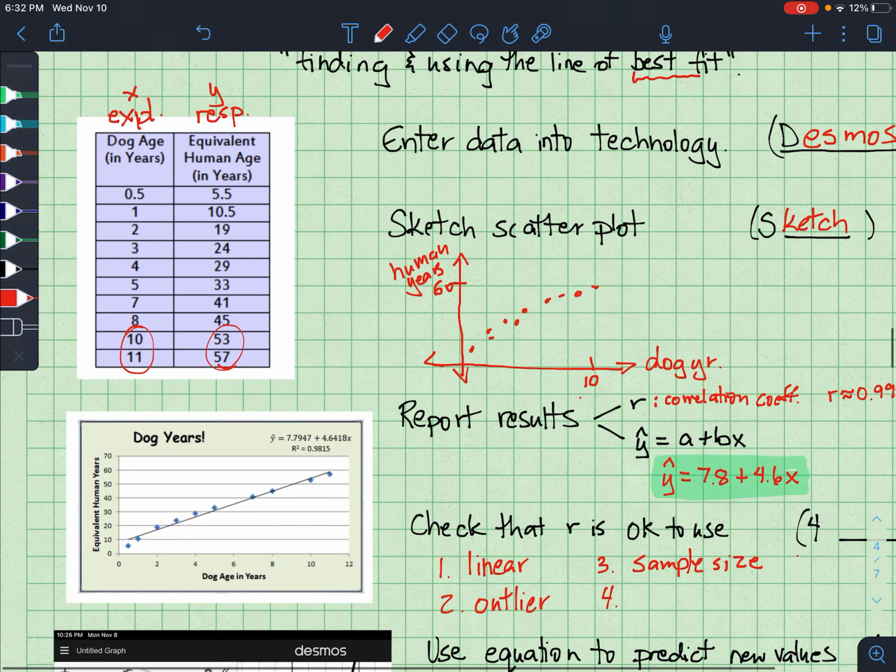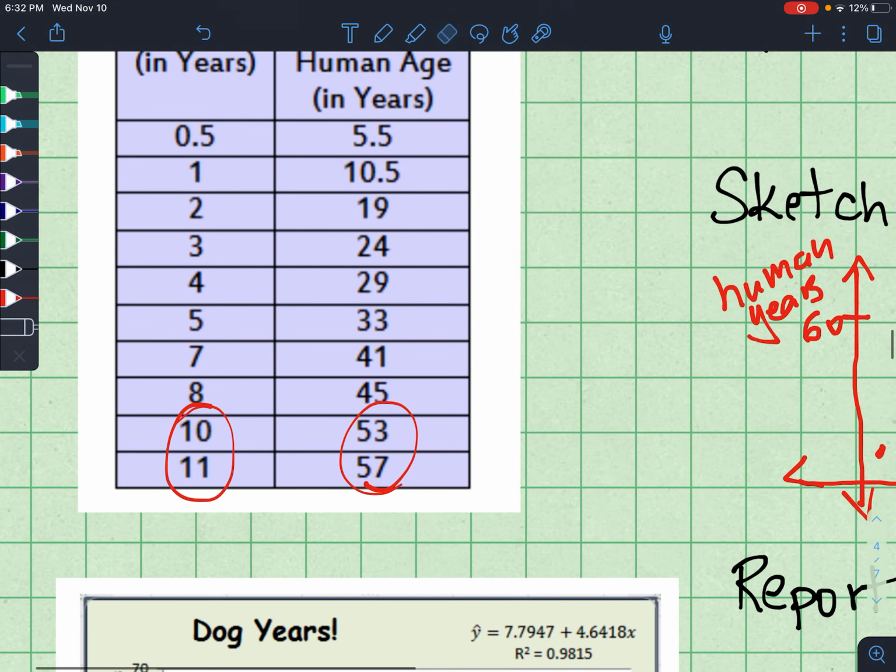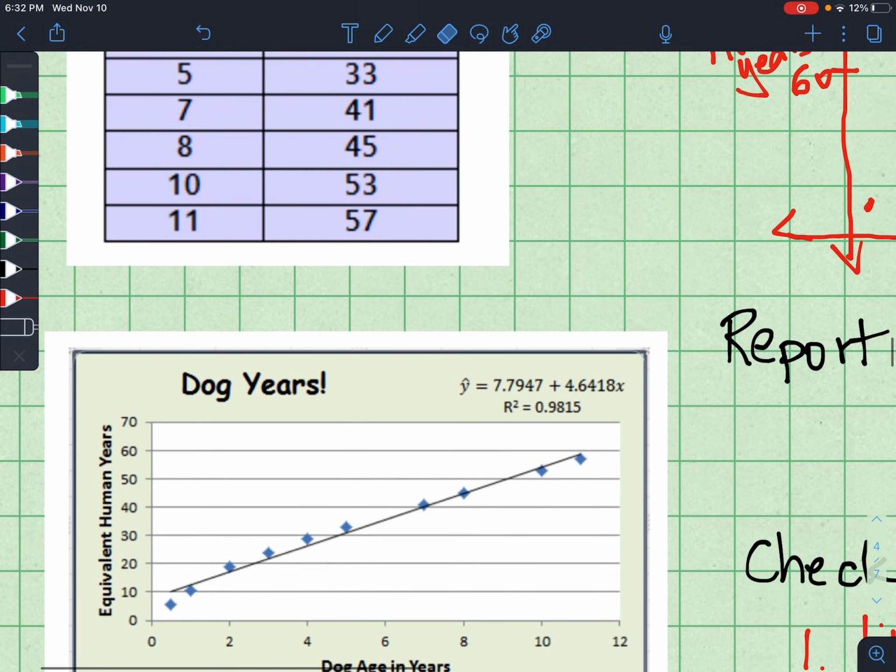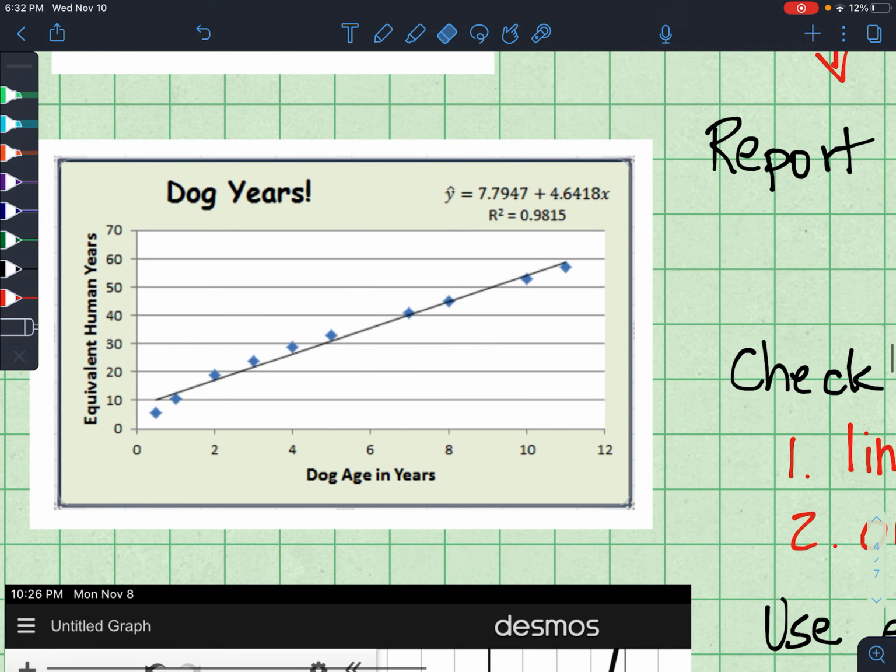Here, our sample size is about 10, which is still smallish. We don't want to get crazy with these types of numbers. That is, we don't want to be too excited about our R values, but it's fairly valid. Notice there's no outliers, and notice my graph looks linear. Okay, so everything seems to check off.